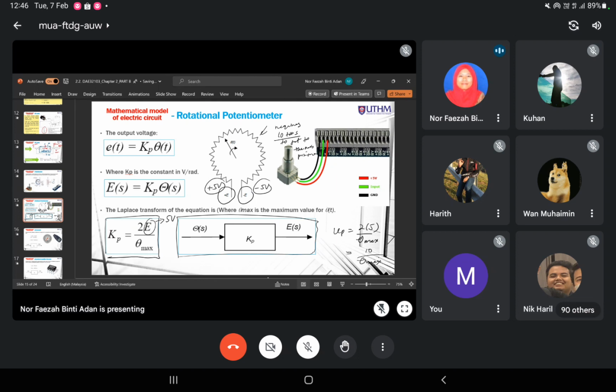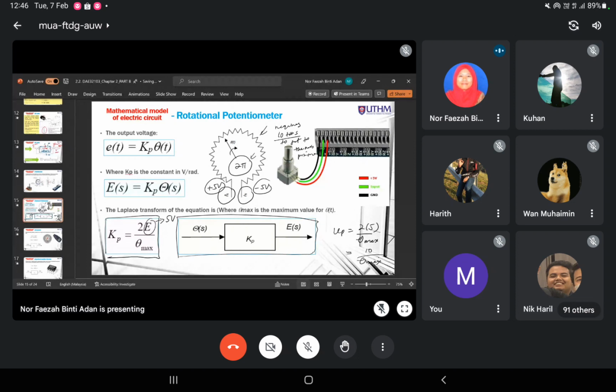Okay, 10 turns. So rotational means satu pusingan adalah 2 pi. Satu pusingan adalah 360 degrees, convert to radian, dia jadi 2 pi. So if it requires 10 pusingan, dia punya theta, theta tu dalam radian, theta tu kena darab dengan 2 pi, jumlah degrees dia yang dia perlukan untuk rotate sampai dia achieve the 10 volt value.